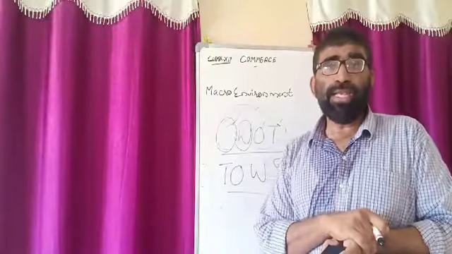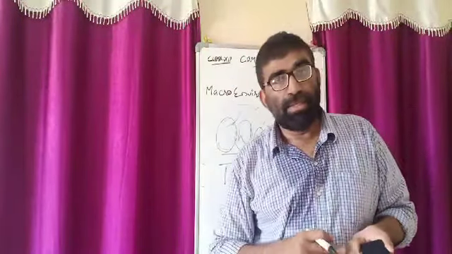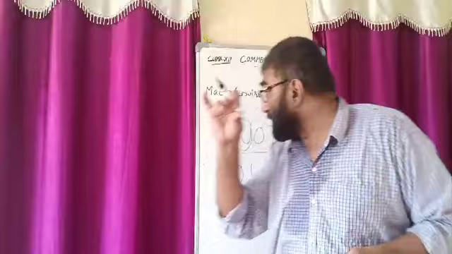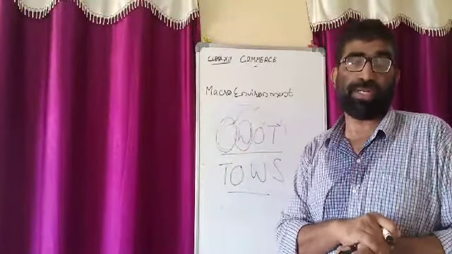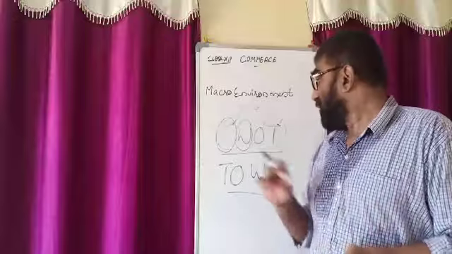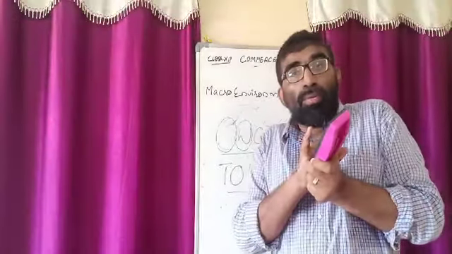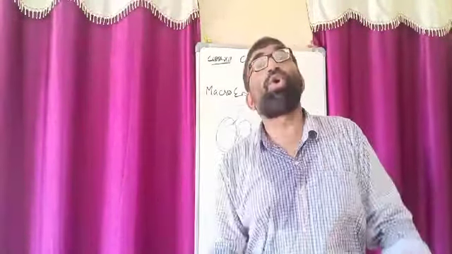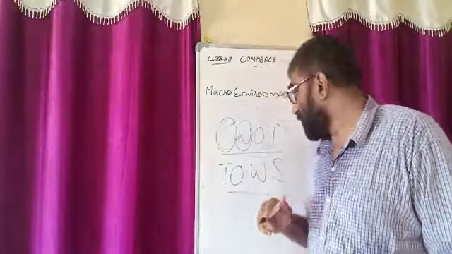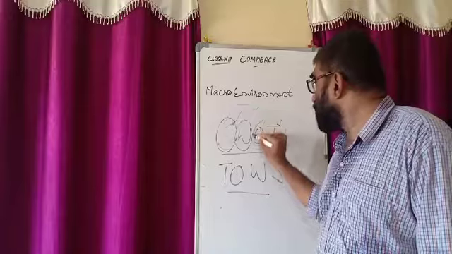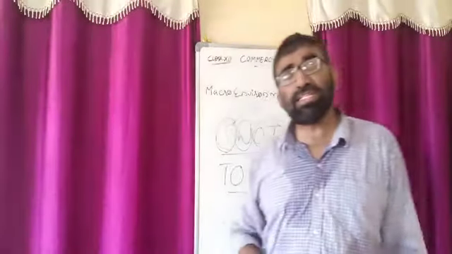For example, poor technology. Obsolete technology is a weakness for a company, for an industry, for a business. And also poor fund, lack of fund, shortage of fund. This is also a limitation, a weakness for an industry.